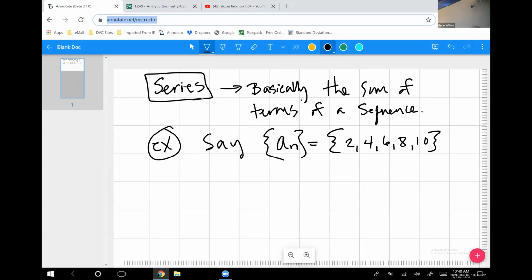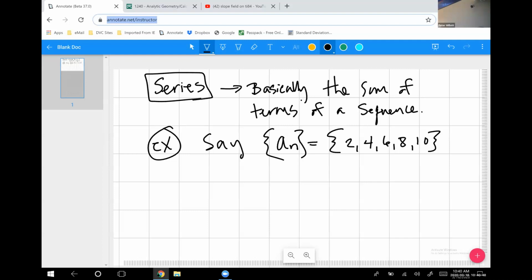So in this case, I've given you a finite sequence, and I've given it to you by just explicitly stating what the sequence is. It has 5 elements or terms of the sequence. So then if I wanted the series for A sub n, I would add these up.